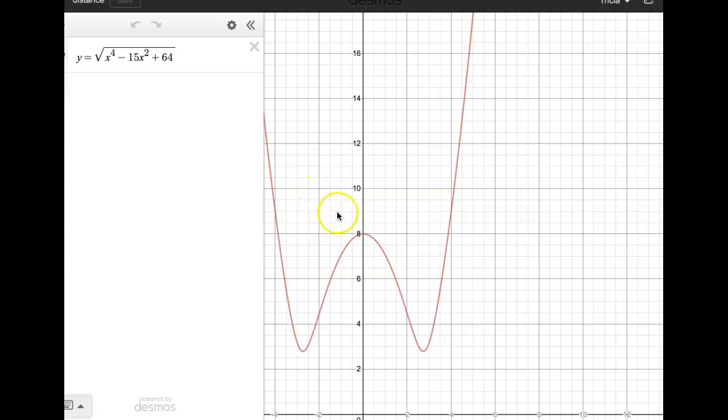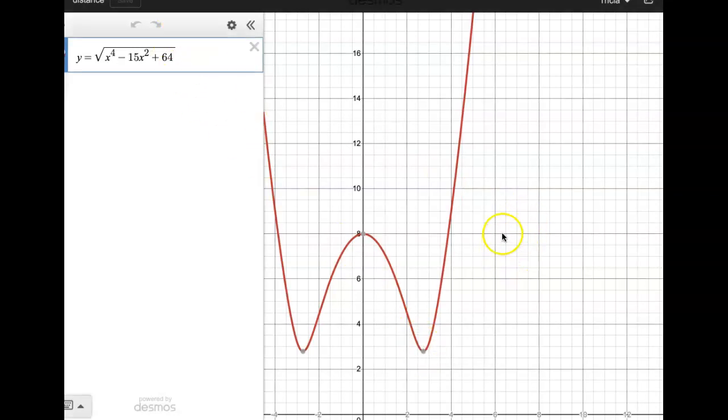If you just get your cursor around the smallest point here, Desmos automatically finds it for us. Sorry, the x value of where the distance is the smallest is x equaling 2.739.